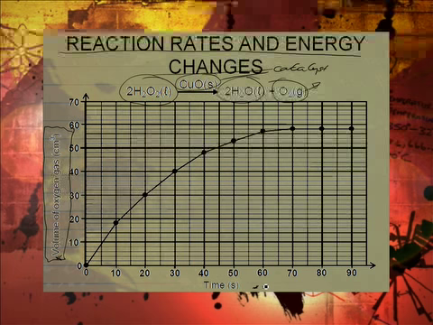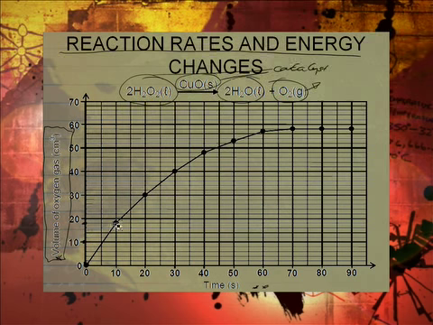Now let's try to interpret this. From 0 seconds to 10 seconds, how much oxygen gas has been formed? You will see from there to there, it's 10, so every little division here will be a 2. So this will be 10, 12, 14, 16, 18.